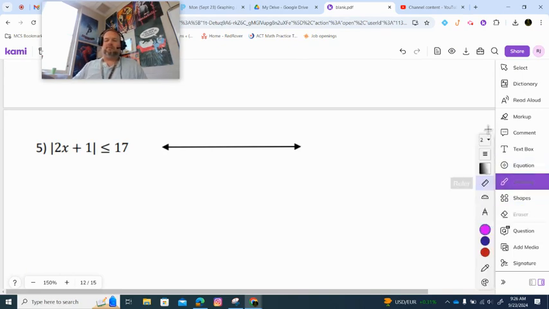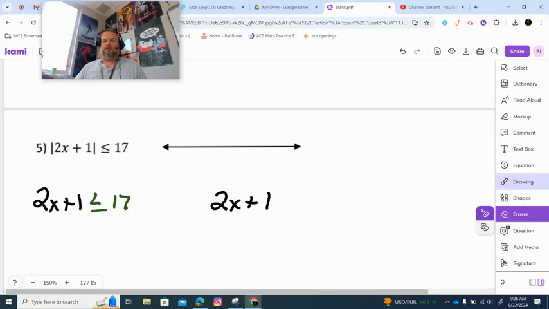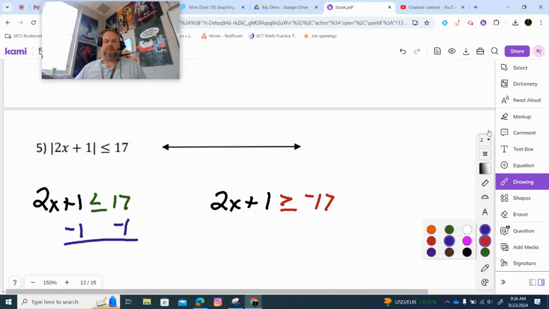Wait a minute. Oh, oh, oh. Plus 1, minus 1. x is less than or equal to 16.